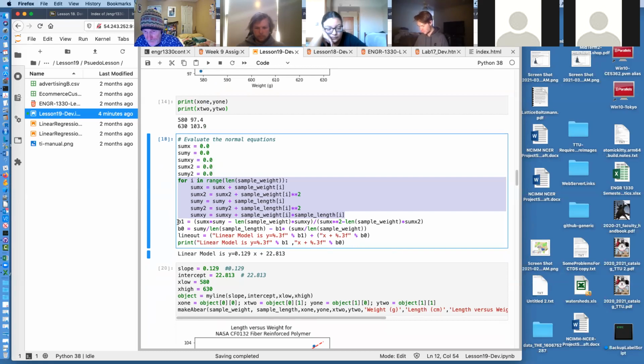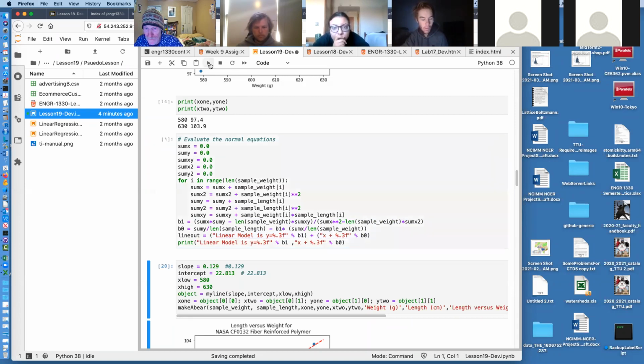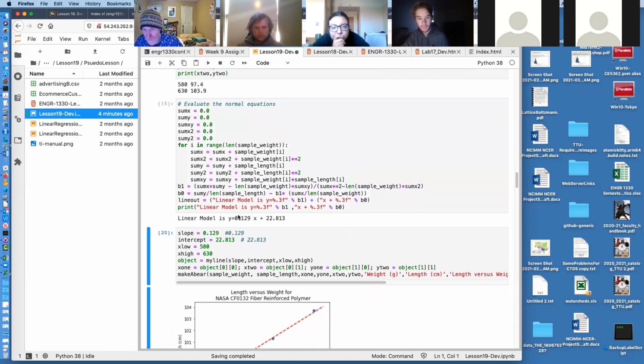And now we just simply evaluate the expression. So the cross term minus how many things there are times the cross term, and that is just the normal equations above, rearranged slightly for computational efficiency. And finally, the beta 0. And then we're going to have it give us a linear model. So now we give it the linear model.